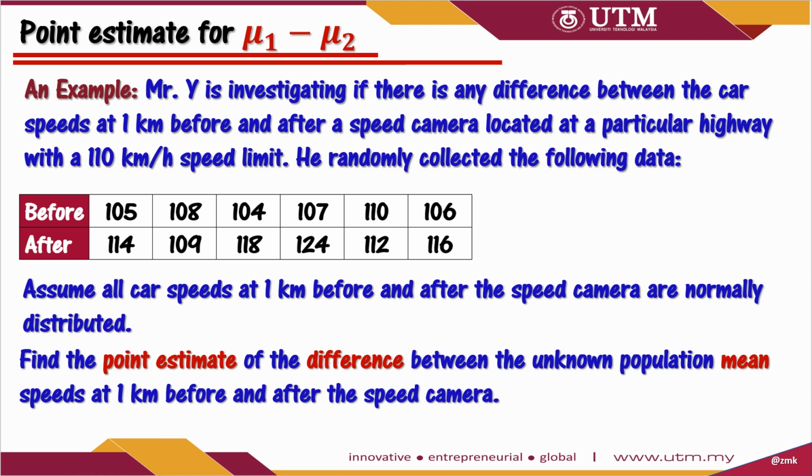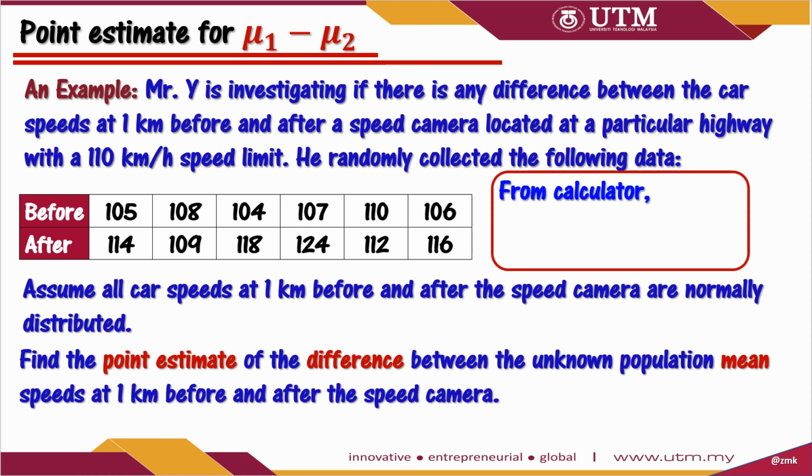Now suppose 1 and 2 refer to before and after respectively. Do you get x bar 1 equal to 106.7 kilometers per hour?